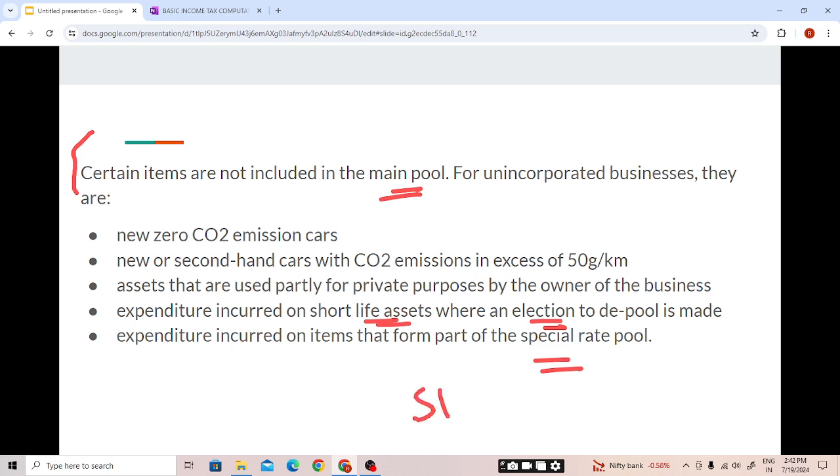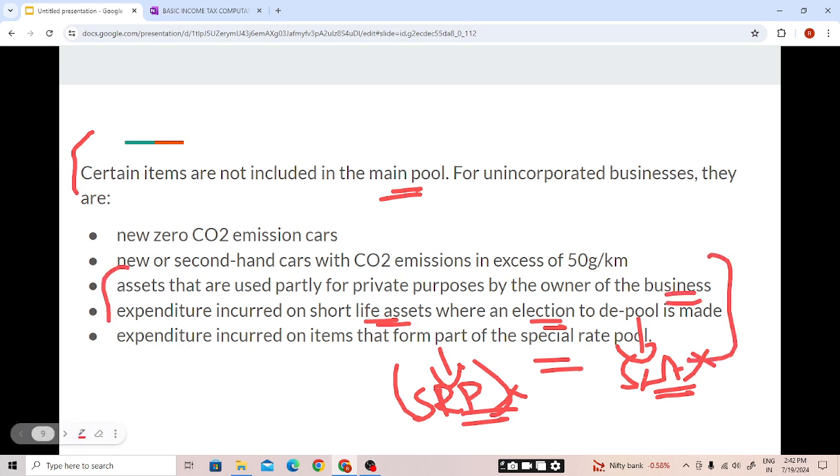If the asset belongs to special rate pool or short life asset pool, the main pool will not be available, because these assets will be treated as per those pools. It will not come under the head of main pool. And assets that are used privately by the owner of the business. I hope these three things are clear.